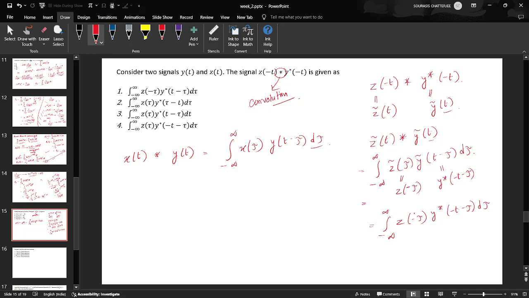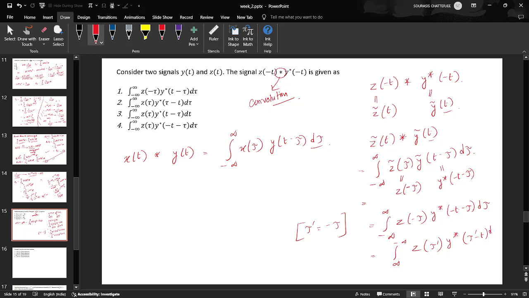Now I'd like to make a change of variable here. We are calling tau dash as minus tau. So then this integral limit will change. It will be now from infinity to minus infinity z of tau dash y star tau dash minus t, and here earlier it was d tau.